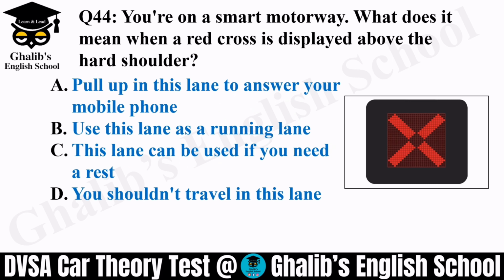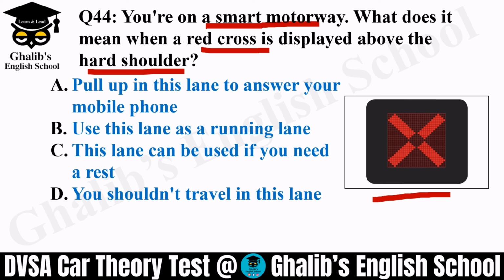Question 44. You are on a smart motorway. What does it mean when a red cross is displayed above the hard shoulder? So it's talking about this type of cross which is shown above the hard shoulder. What should you do?